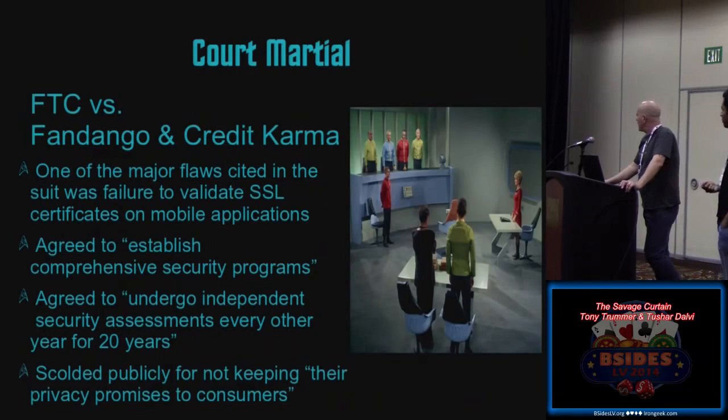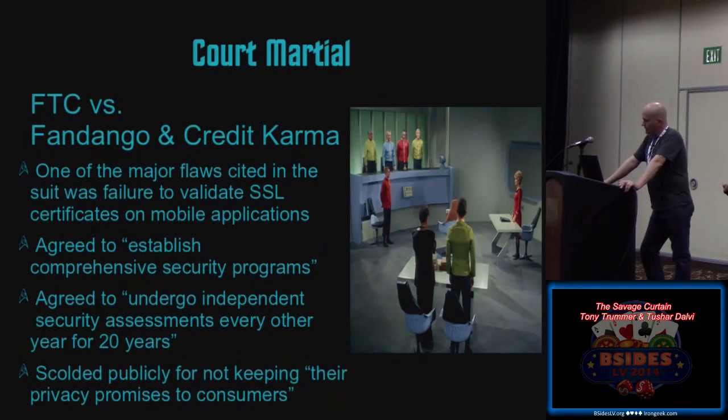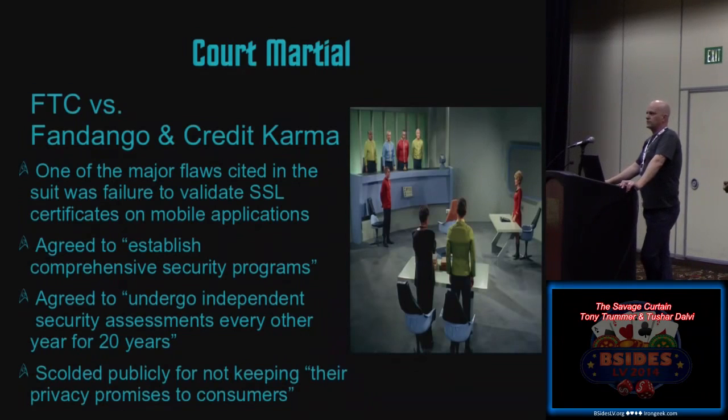I'm not exactly sure what that means, but unfortunately, it also came with a 20-year penalty, essentially an oversight by the FTC, where they're going to be in their business for the next 20 years, which is a pretty stiff penalty, right? So when you're under FTC guidance, let's say, if you mess up again, the penalties are worse, right? Because it's not your first offense.